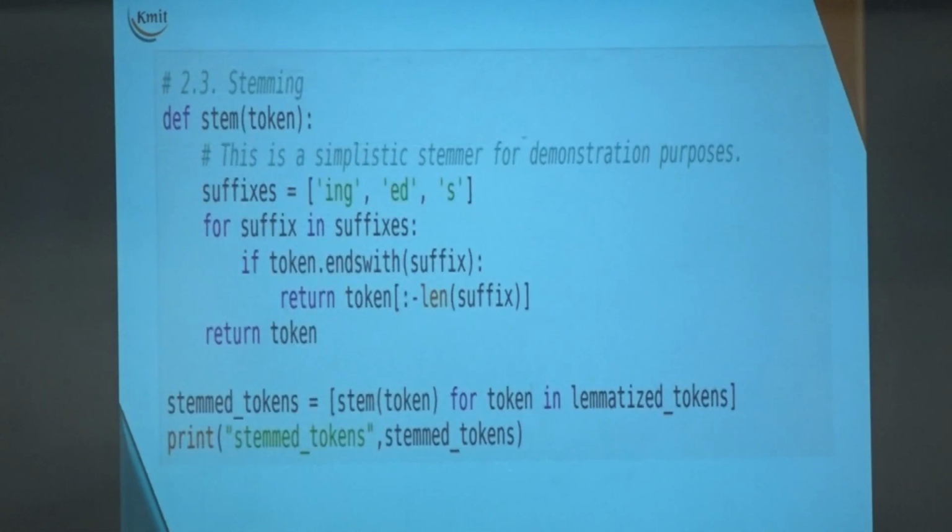Okay. So here for this example, stem is the method that I have defined. What is the input that it is taking? Tokens. Okay. Input that it is taking is token. And what are the suffixes that you are going to give? Yeah. Suffix again should be a list of suffixes that you will provide. What are the three suffixes that I have provided there? ing, ed and s.